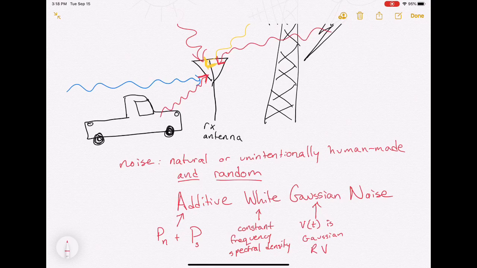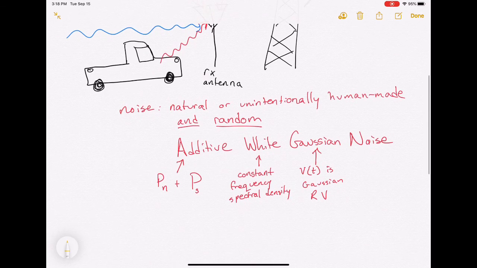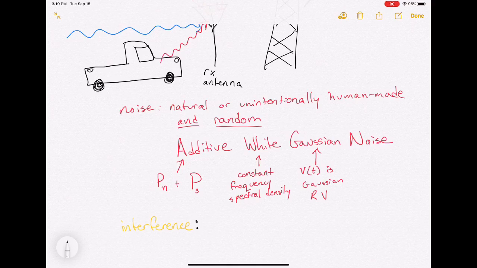On the other hand, interference doesn't work the same way. I'm not going to write the description of interference in yellow because that might make it hard to read. But interference is made by humans intentionally.